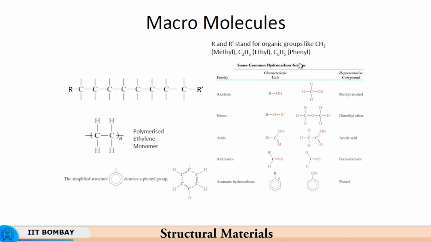Now, if you take acids, then the COOH group designates an acid. R signifies either CH3, a methyl group, so it is acetic acid, a very commonly known acid which has a double bond with oxygen. Then you have the aldehyde group CHO.